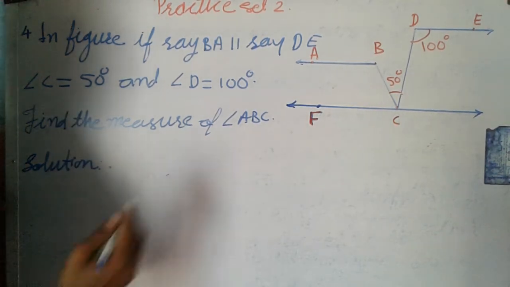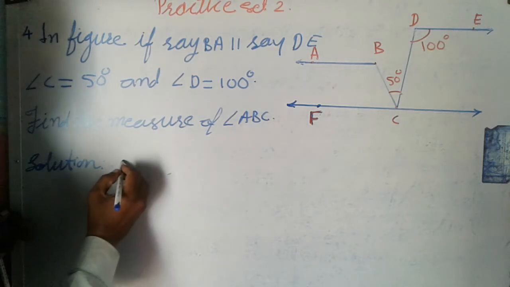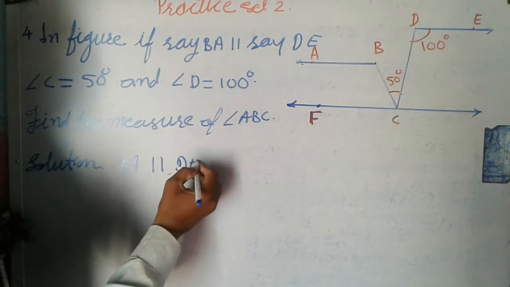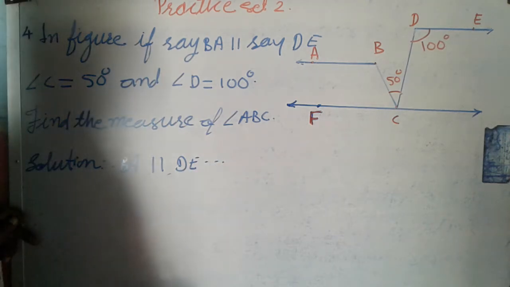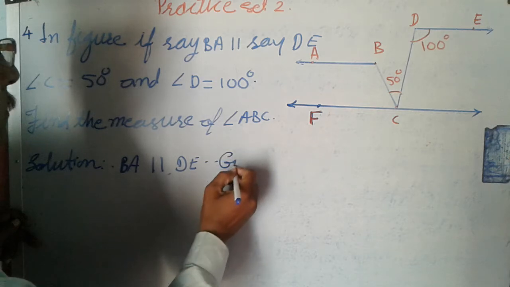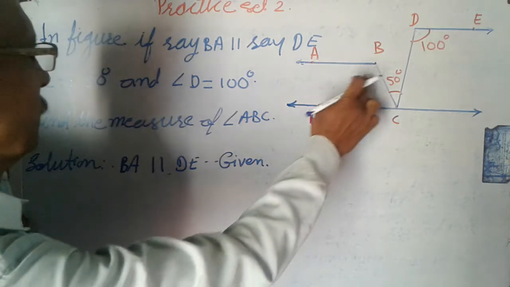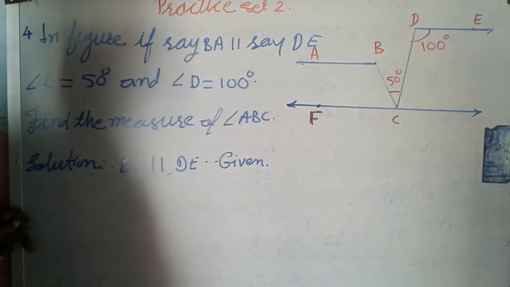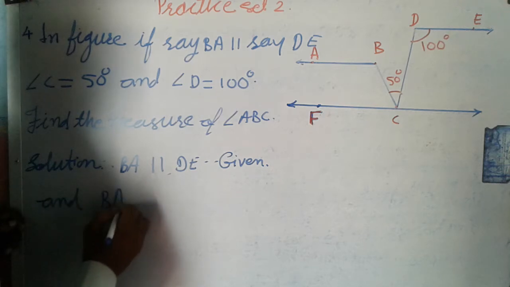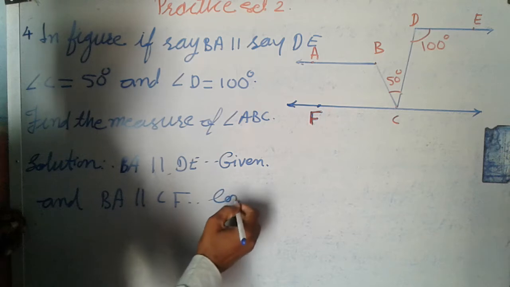Now see here, AB is parallel to DE, it is given, and BA is parallel to CF, by construction.